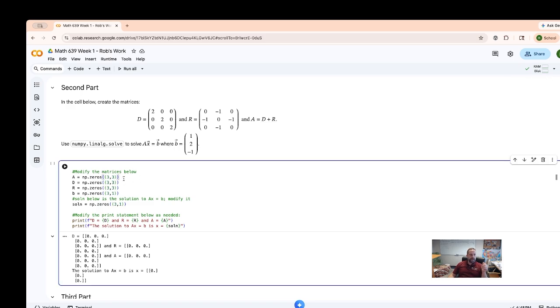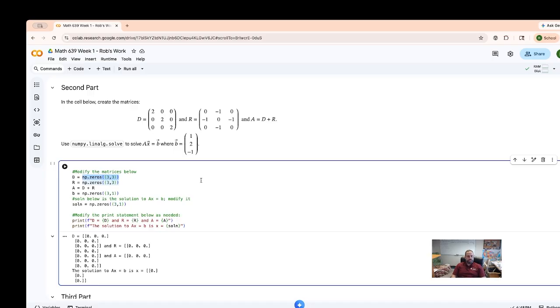So A is the sum of D and R. I've just put a blank 3 by 3 matrix here for D, and a blank 3 by 3 matrix for R. So I'm going to move this down here and say A is equal to D plus R. Okay, and this tells us what all of the matrices are here. So for D, there's a great way to do this. Creating diagonal matrices is something that happens a lot in NumPy.